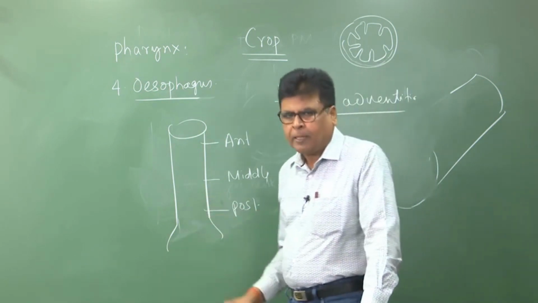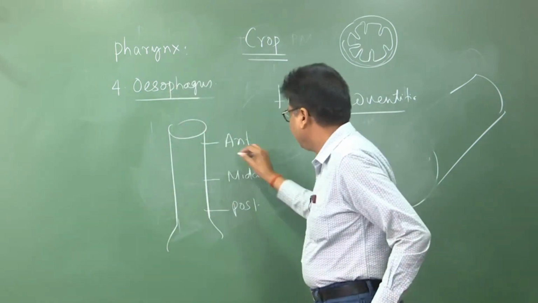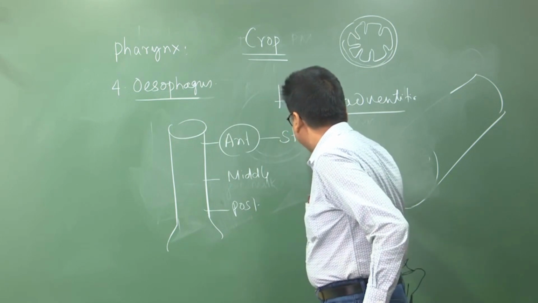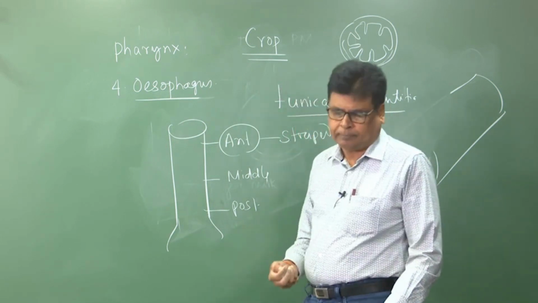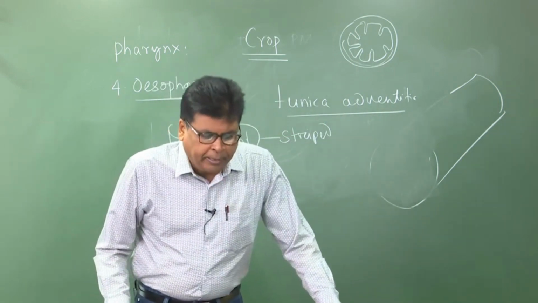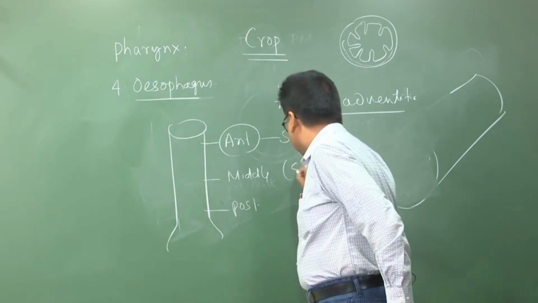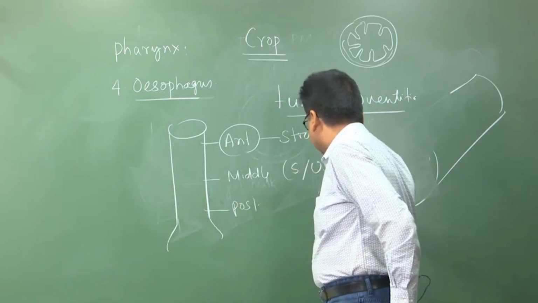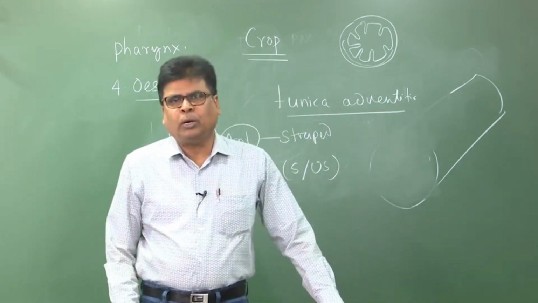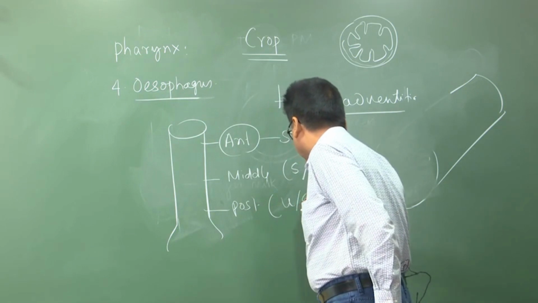The anterior part possesses striped muscles. The middle part has both striped and unstriped muscles. And the posterior part has only unstriped muscles.